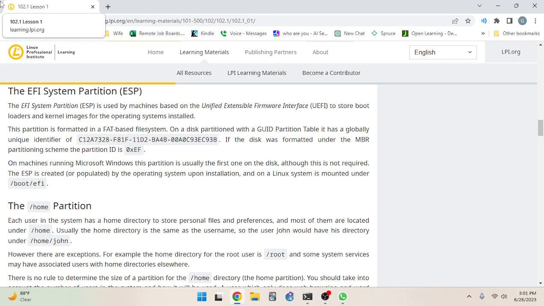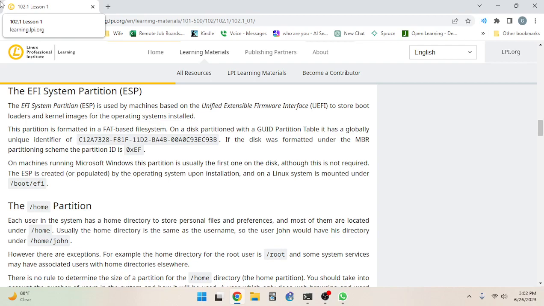On a disk partitioned with a GUID partition table, it has a globally unique identifier. That is the globally unique identifier. If the disk was formatted under the MBR partitioning scheme, the partition ID is 0xEF.